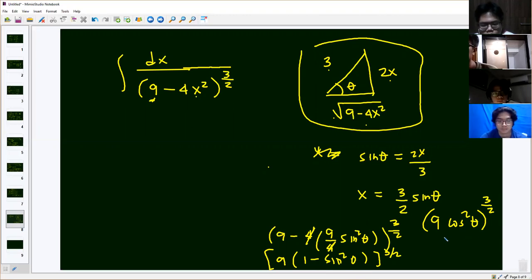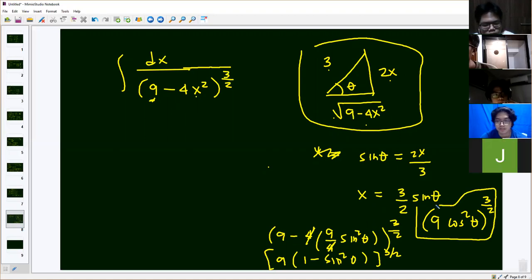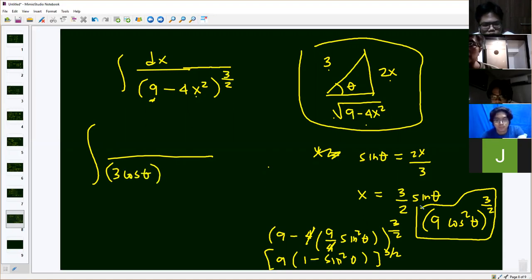Come on, guys. 3 cosine. Evaluate natin yan. So, that's 3 cosine. Actually, ayusin na natin dito. Meron na akong 3 cosine theta. Meron pang to the 3 halves means itself times the square root, right? So, mangyari, 9 pa uli, and then cos squared pa uli. Ganyan siya. Follow, guys?